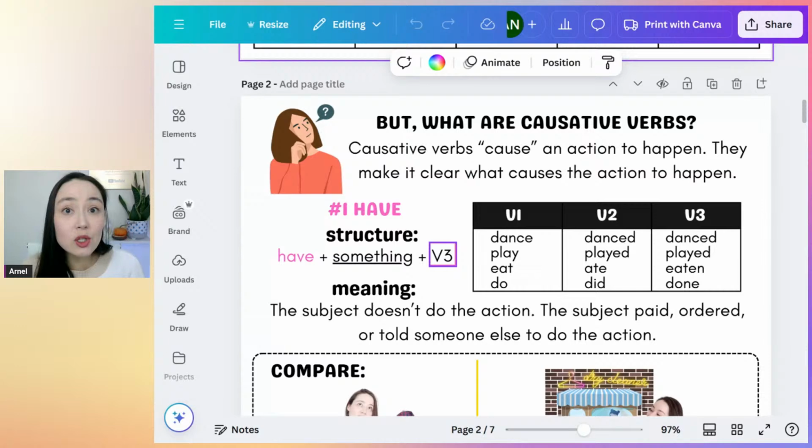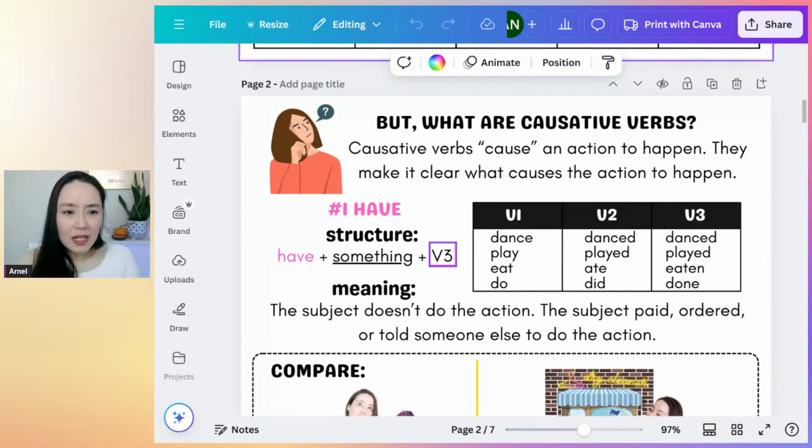You might see your teacher doing this in the lesson. I'll remind you, verb number 3 is right here. Dance, danced, danced. Eat, ate, eaten. So when you see V3, you know it's that past participle, verb number 3.